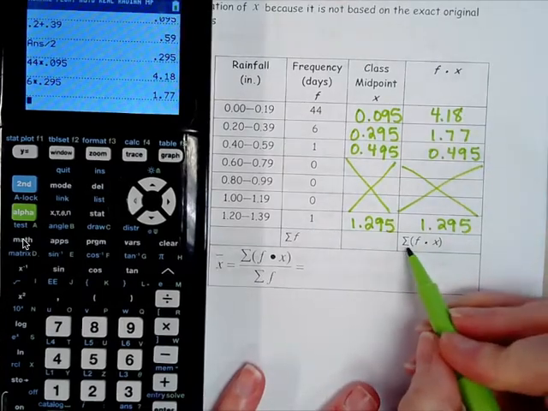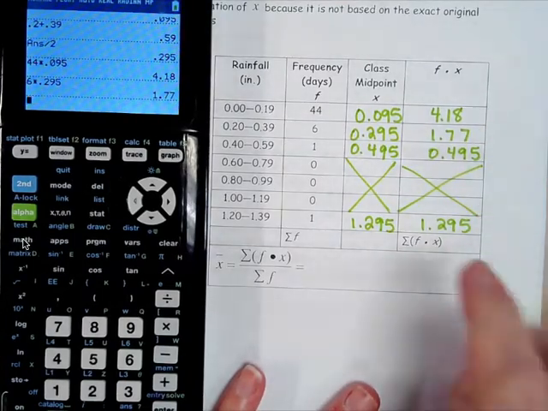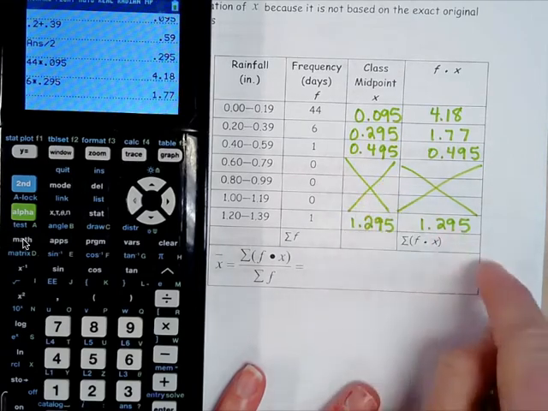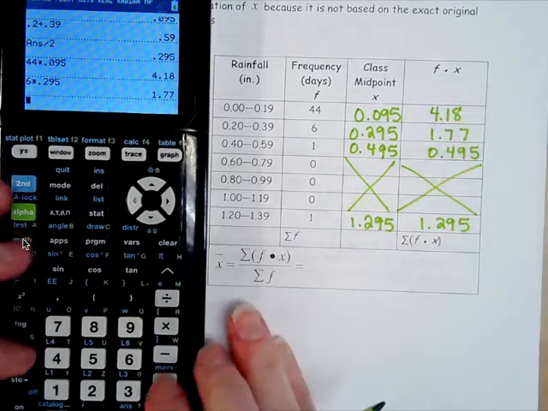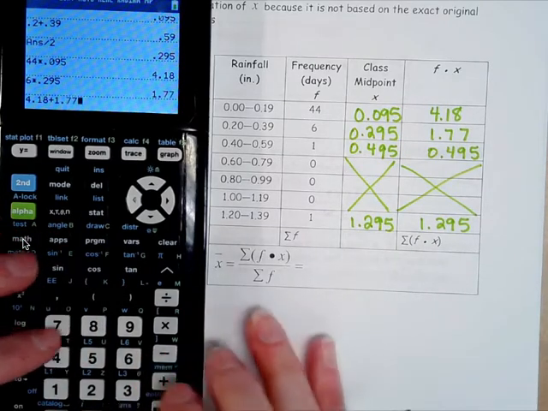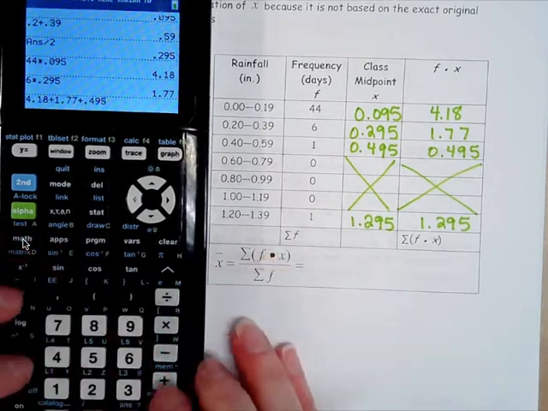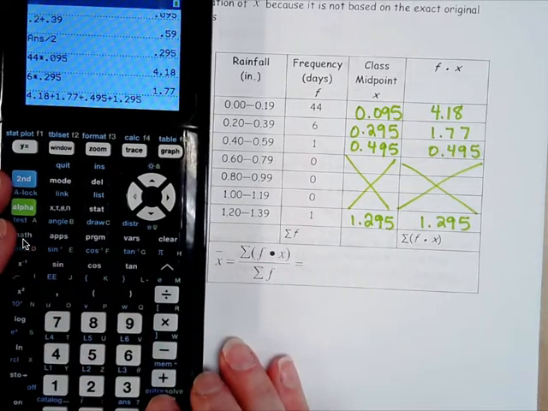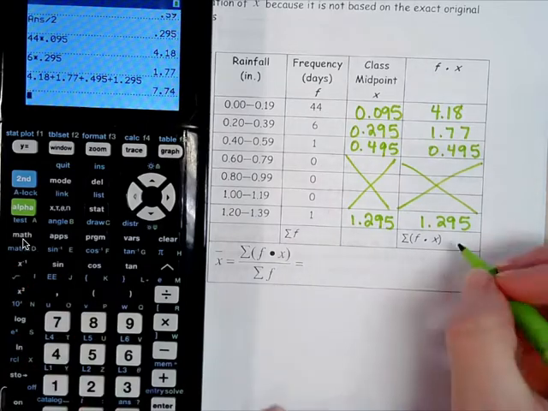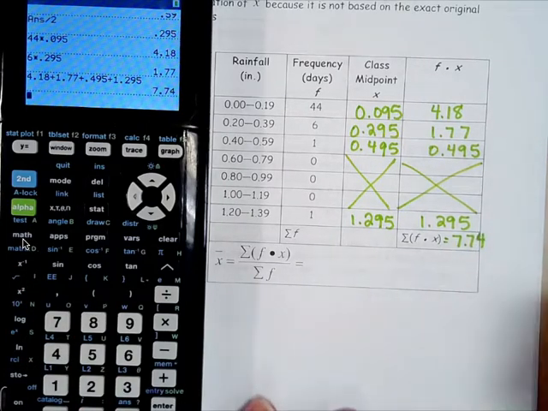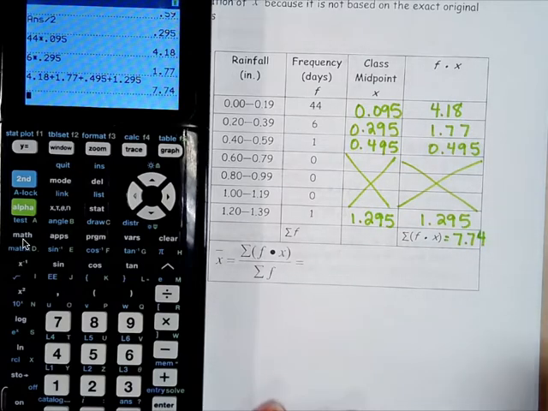So we're going to find the summation of this column. The column is F times X, frequency times class midpoint. So add these up: 7.74. We're not rounding anything, we're just putting exactly what's there.